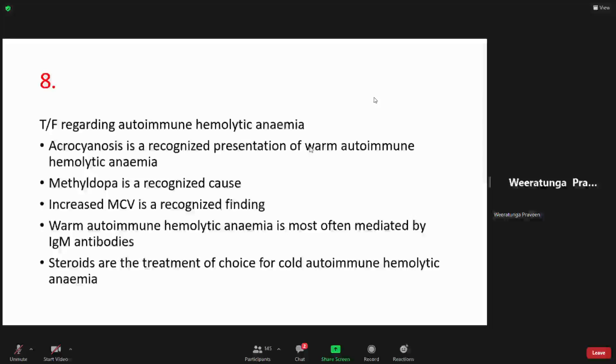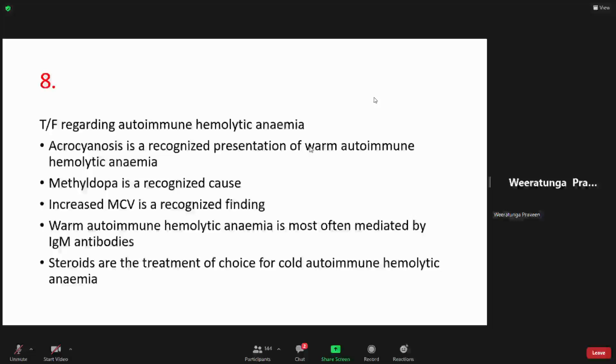Right. Another reason for increased MCV is that when there is hemolytic anemia, there is release of reticulocytes from the bone marrow, right? And when you put these reticulocytes through the machine, they are read as big red cells. Reticulocytes are bigger, and they cause an increased MCV when you do a machine read.